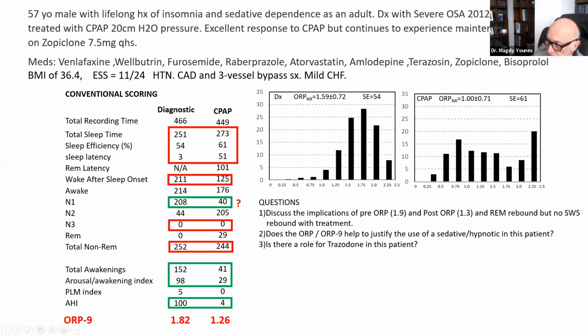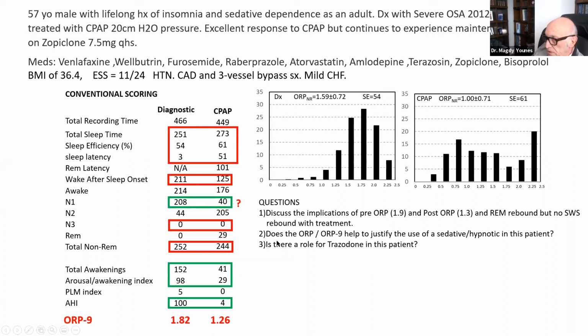So his ORP9 is 1.26, and the first question was, how do you reconcile 1.9 with 1.3? I reconciled it by telling you just ignore the 1.9, because the AHI is 100, so that's like one every apple.